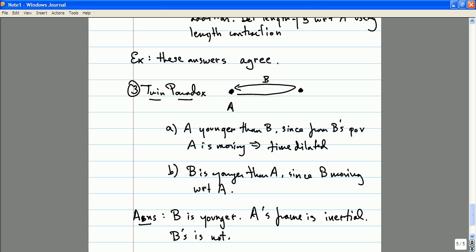Yes? In David Morin's book, it says that you can also include this in the result without the acceleration. Without taking into account the acceleration. Well, I don't know exactly what you mean by that. Okay. Even if you don't take into account the acceleration effect? Yeah.